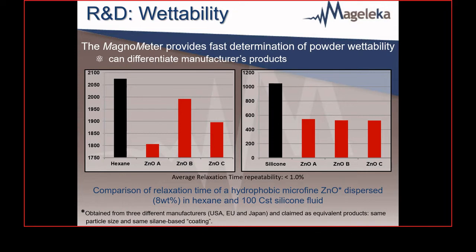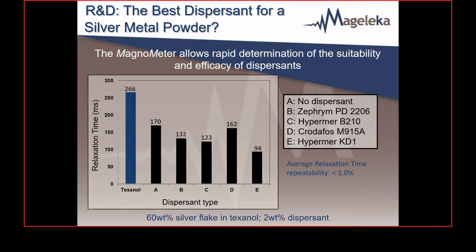So using the Magnometer, you can develop and create improved suspensions, which in turn, of course, can result in better and more efficient product performance itself. This study also, I think, highlights the need for quality control of any incoming raw materials and to verify manufacturers' claims regarding product specifications and performance.